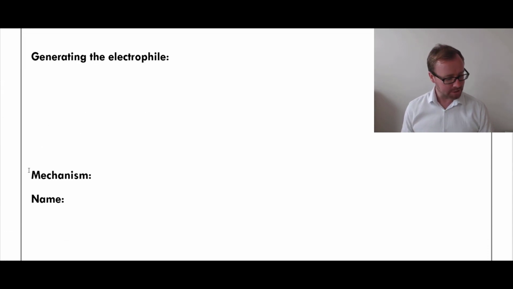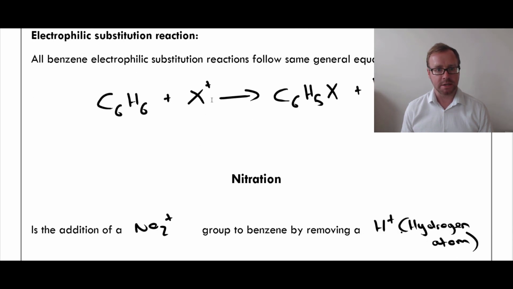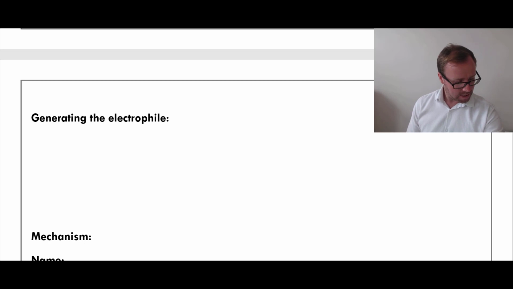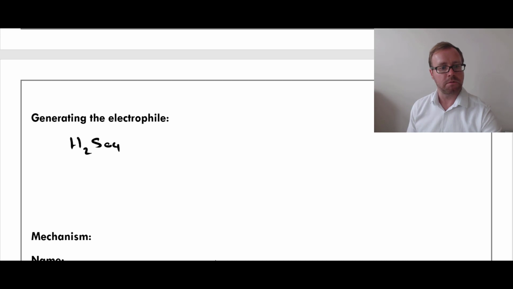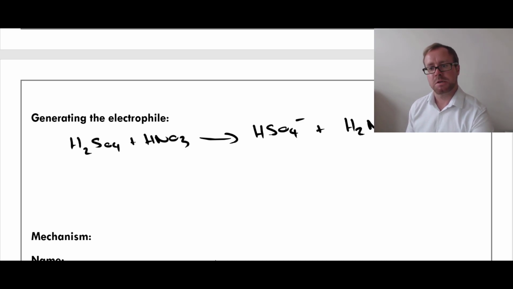So generating the electrophile, remember that this is our overall general equation, and we need to generate this X+ to add to our benzene. Okay, so how does this happen? Well, we mix the two acids together. So H2SO4 plus HNO3. And what happens is, because sulfuric acid is a stronger acid than nitric acid, the sulfuric acid will donate a H+, and the nitric acid will accept a H+.